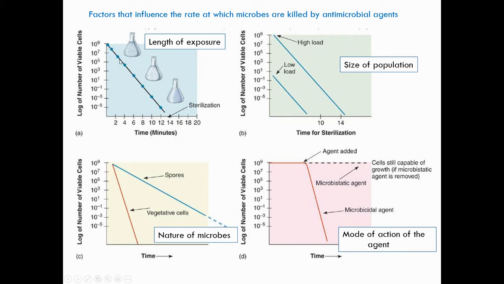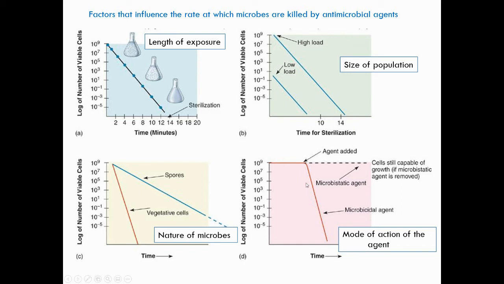So how effective it is going to be depends on the size of the population, the number of microbes, the mode of action. So if I add the agent at this point, if it's microbistatic, it'll happen sooner. Sometimes a microbicidal agent is not initially microbicidal.